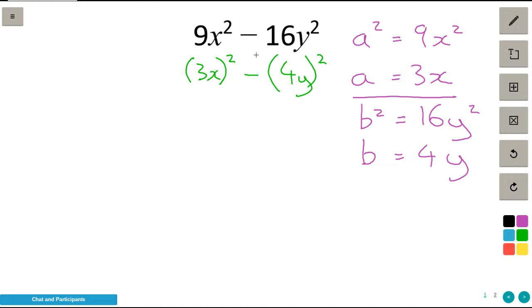And so this isn't exactly the form that we had for our rule for the difference of two squares. Let me write it out again over here.